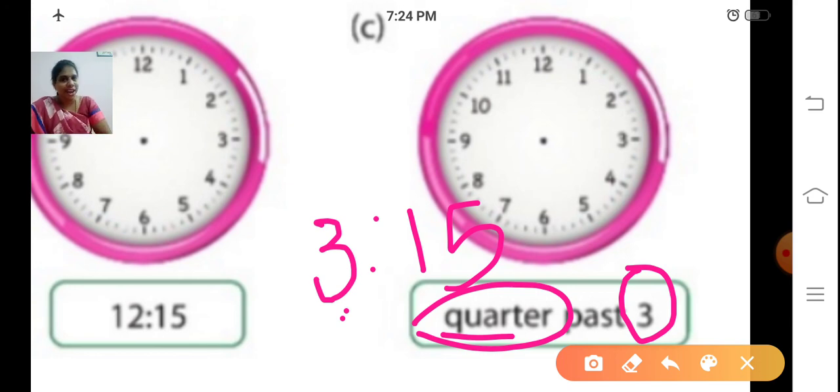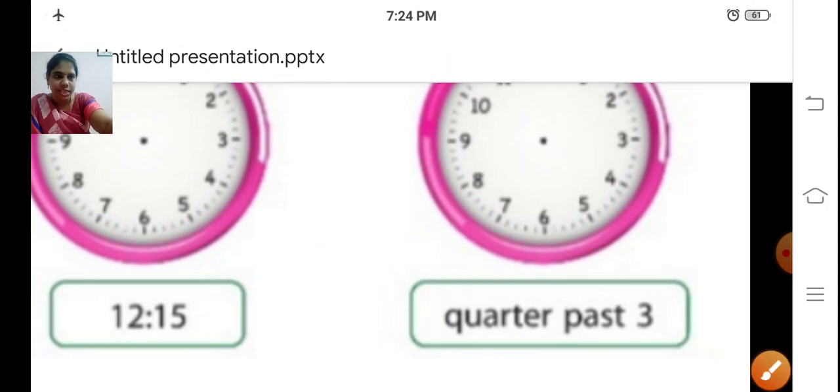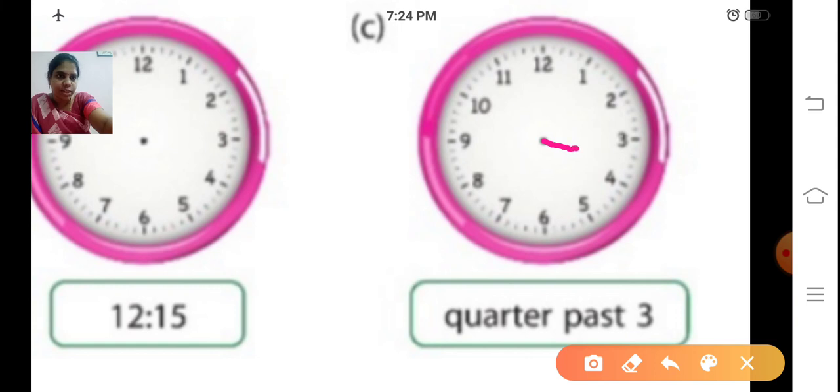Now you can draw the hour hand and the minute hand, right? Where should the hour hand be? The smaller one. Yes, quarter past 3. And where will you draw the minute hand? Same place only, 15 minutes. So 3:15, how will you write this? The hour hand has crossed 3 a little, right?